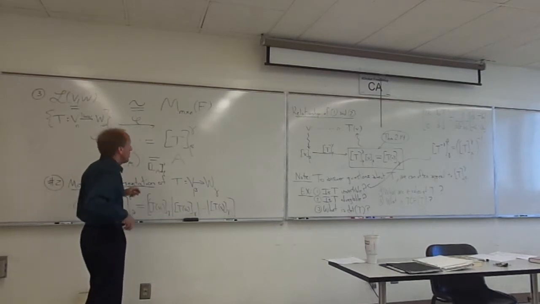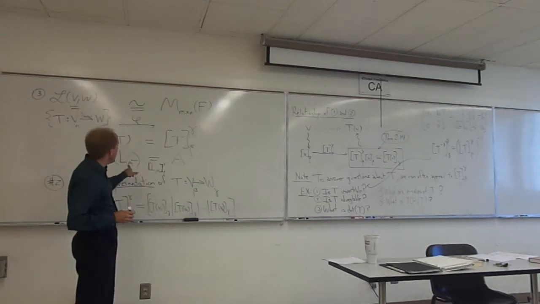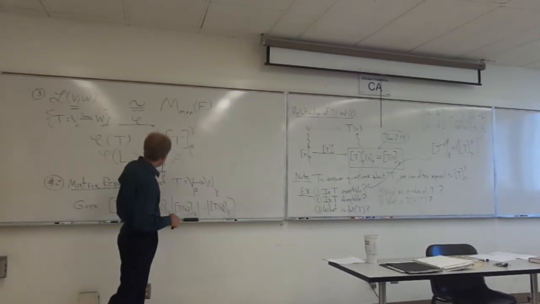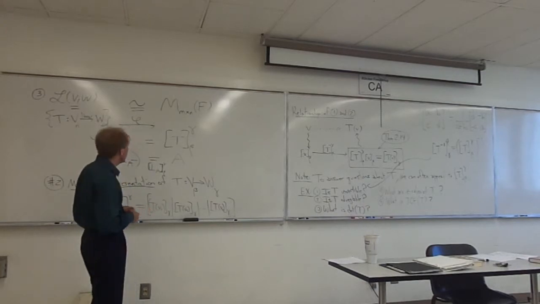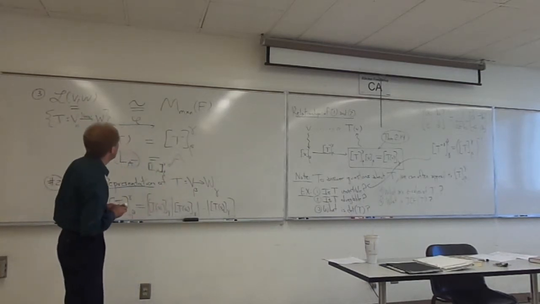So A is an m by n matrix, right? So this is m by n. Beta has m elements in it and gamma has n elements in it. So this just ends up equaling that.